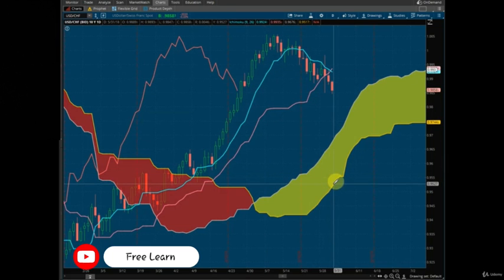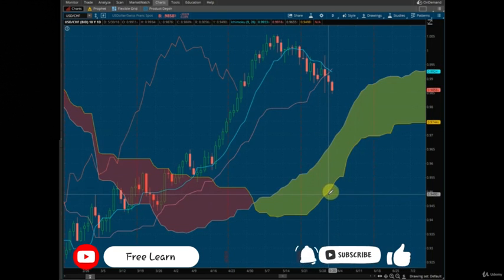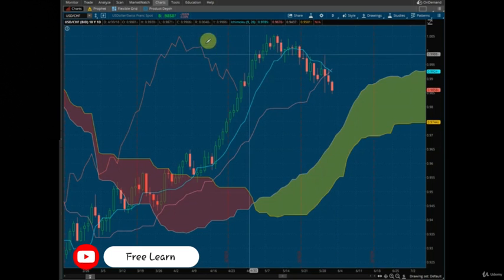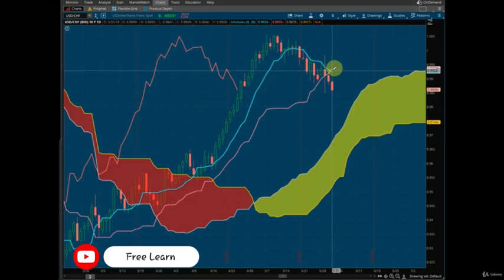We have span B, which is a 52-period rolling mid-price plotted into the future. And then we have the Chiku span, which is essentially just a line chart of the price, meaning that it's the close only of the Japanese candlestick or the bar chart, whatever you're looking at, plotted 26 periods back. So we have 26 periods in the past, 26 periods in the future, and then we have the present rolling mid-price.